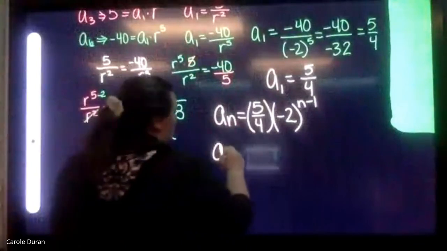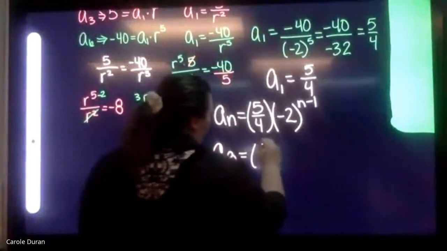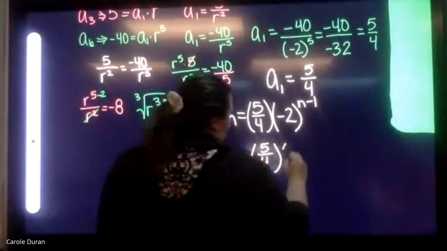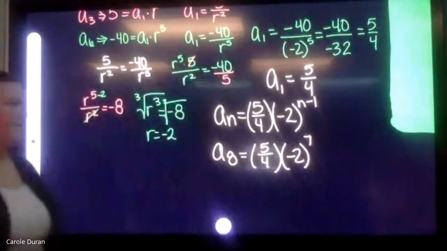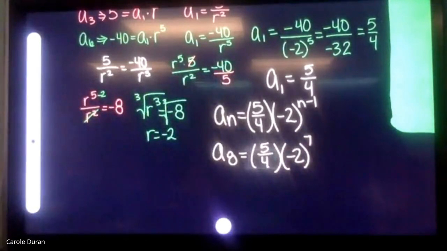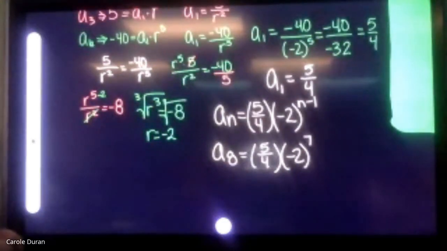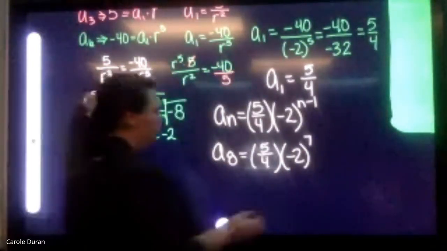And I get A8 equals 5/4 times -2 to the 8-1, which is 7 power. And it will come out to a nice, beautiful whole number.